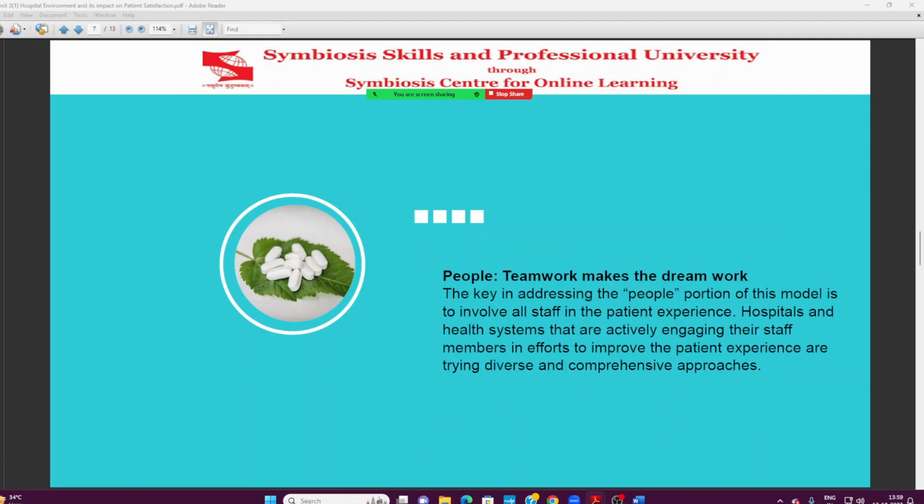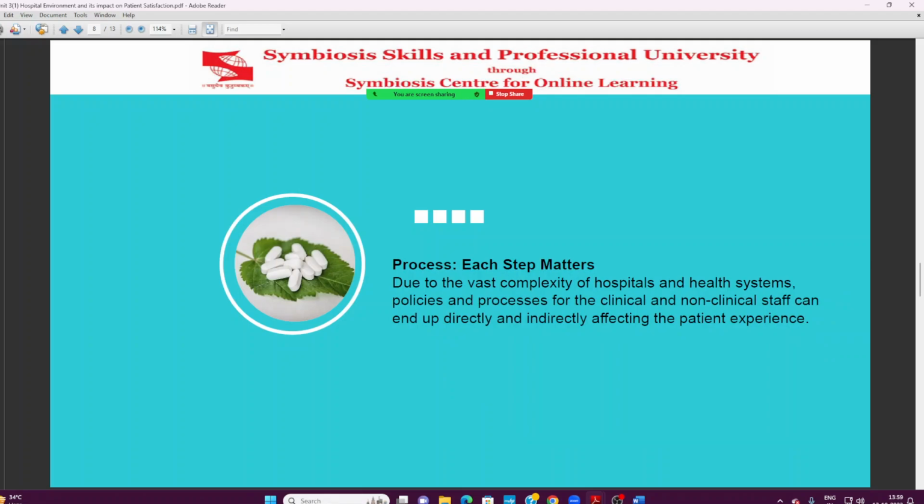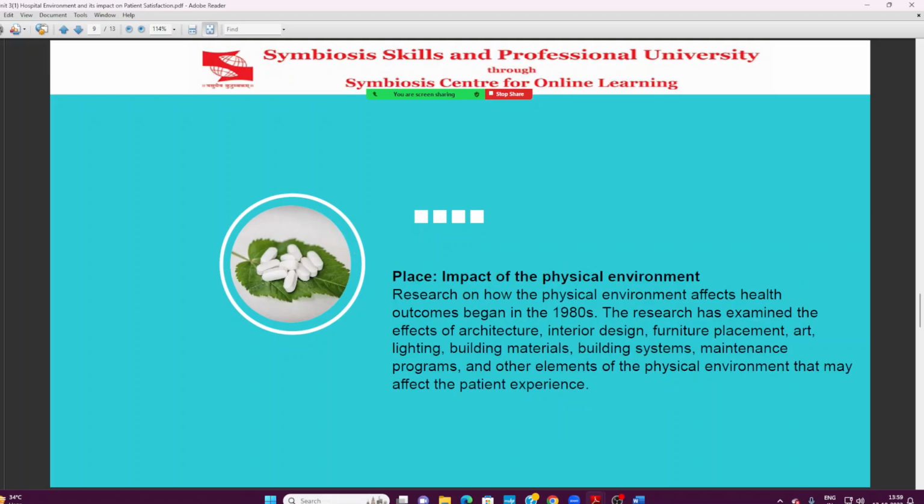So remember this model, the 3P model. People: we talk about teamwork makes the dream work. The people here is the staff, right? Staff plays a very important role when we talk about patient satisfaction or patient experience. Process, just now I have explained, clinical and non-clinical staff are both equally important to increase the efficiency, or I can use the word productivity.